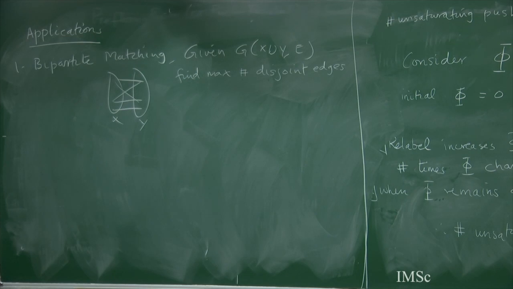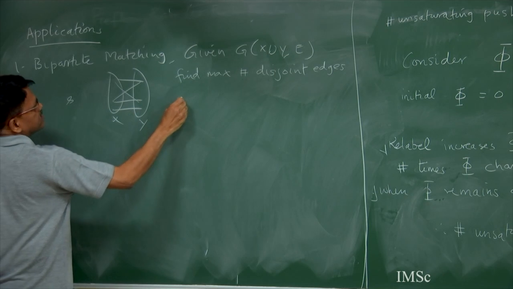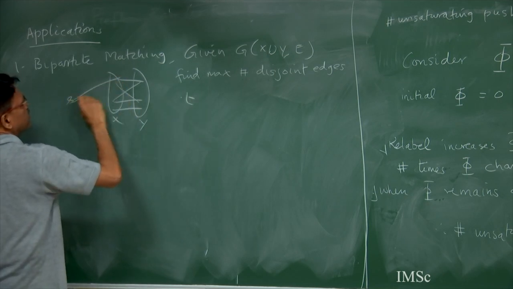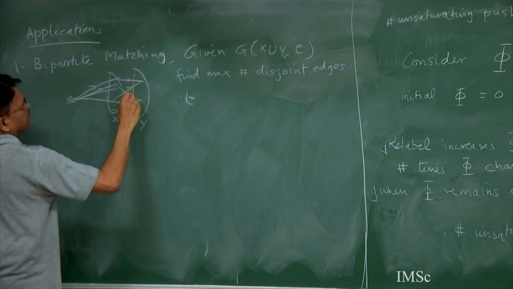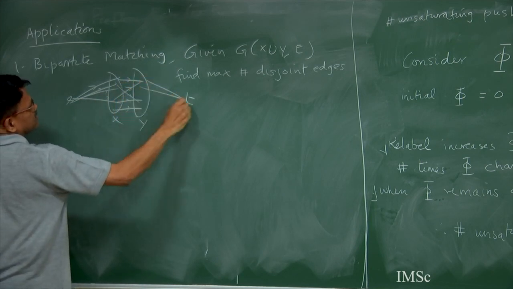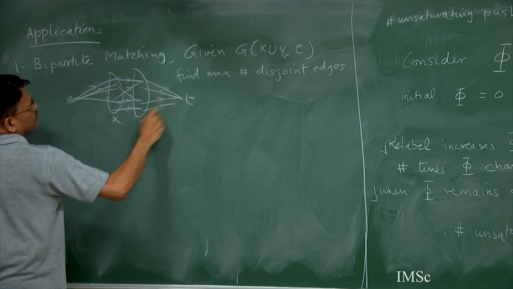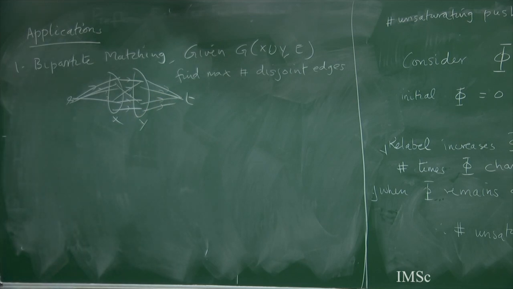So how do you apply flow to this? Well, you create two vertices S and T, and make all the vertices of X adjacent to S, with these edges going in this direction. What are the capacities you want to put on the edges? 1, right?